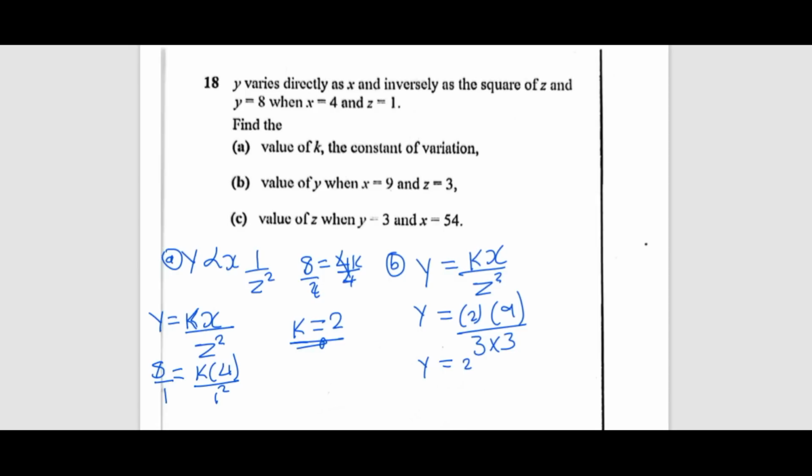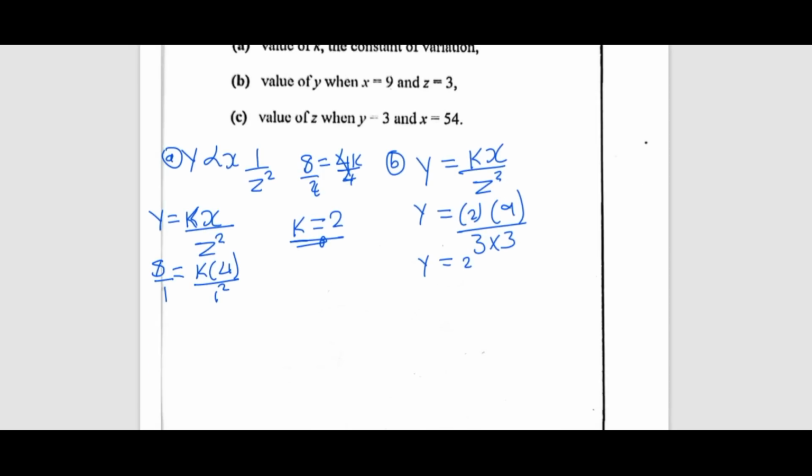Instead of multiplying 2 times 9, I'll just let it be 2 times 9 over 3 times 3. We know that 9 is 3 times 3, so I can just cancel the 9s. Then y is equal to 2. Then for question C, the value of z when y is equal to 3 and x is equal to 54. So the equation is y is equal to kx over z squared.